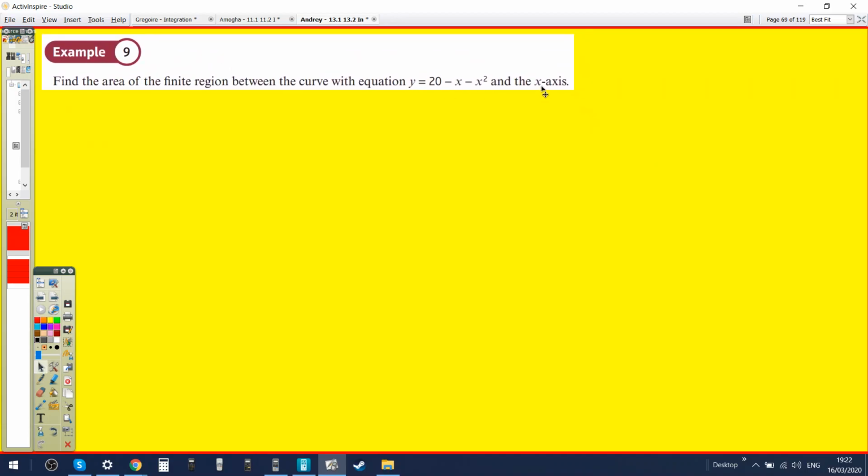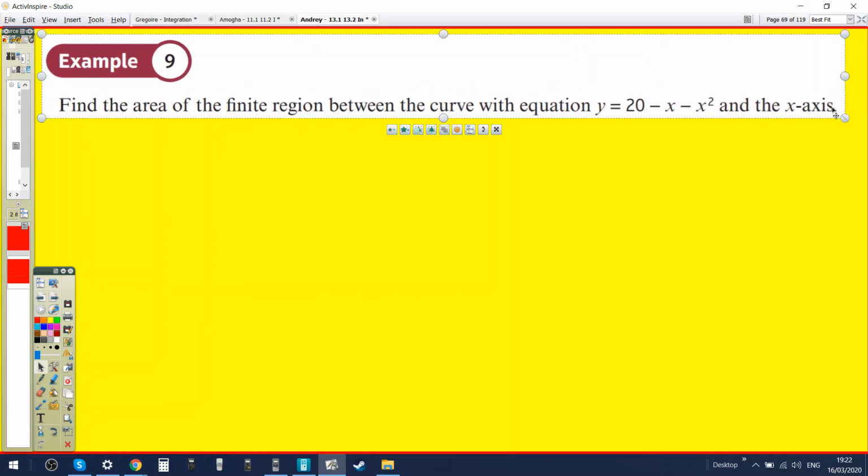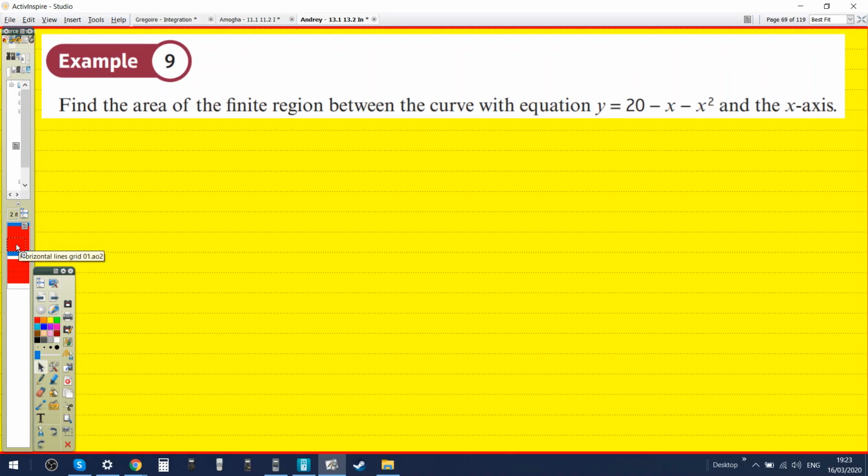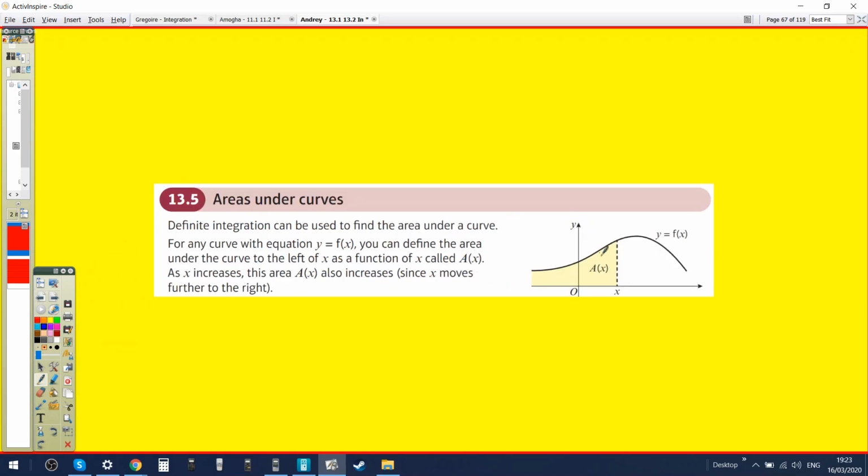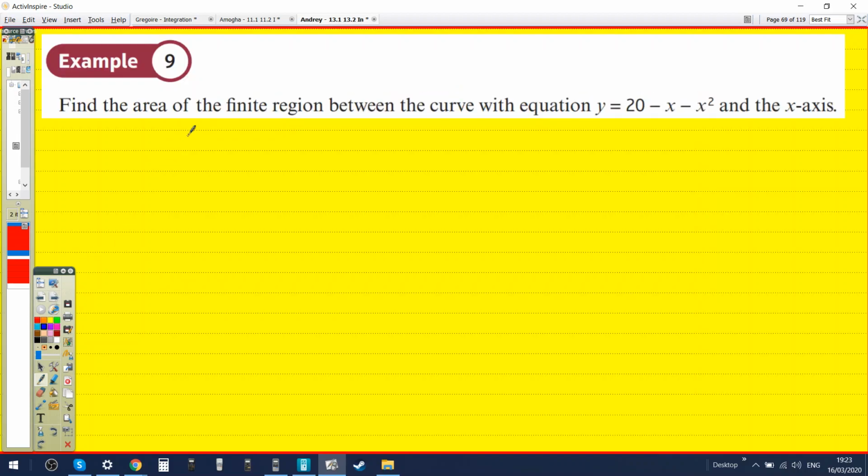Okay, how about this one? Sorry, what's this topic called? This is area under curves. So it's like applying integration.